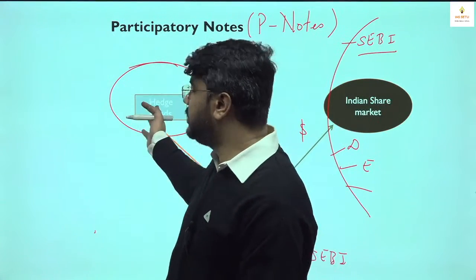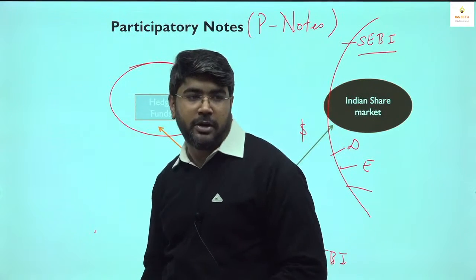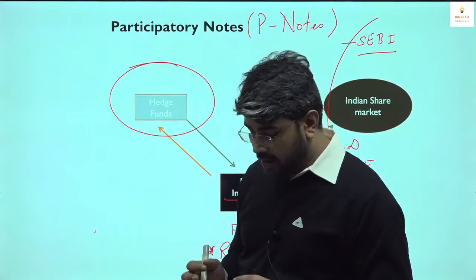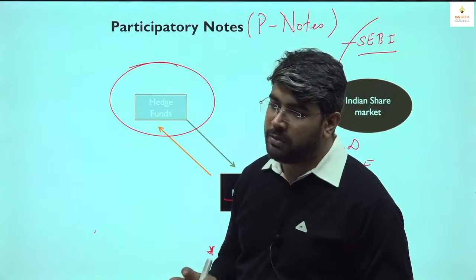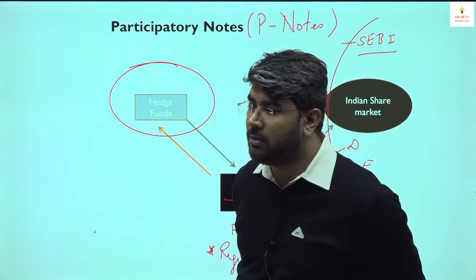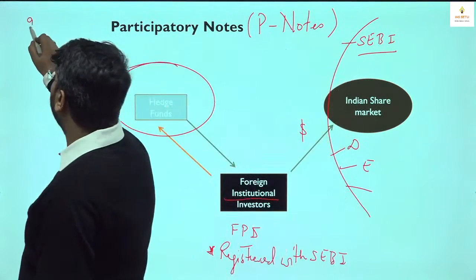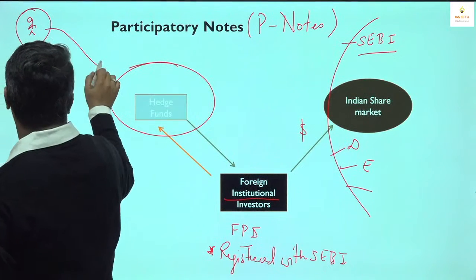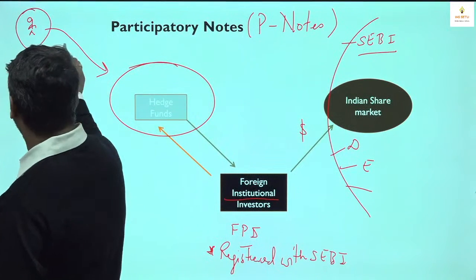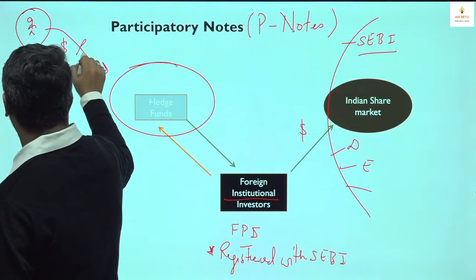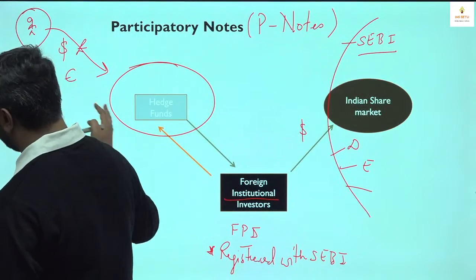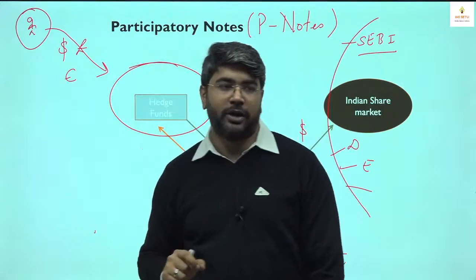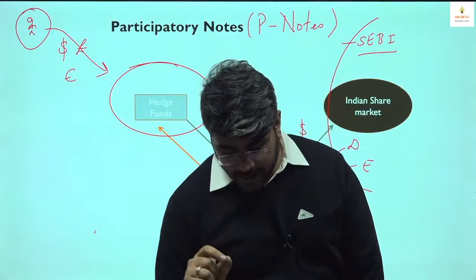So there are a lot of these hedge fund companies sitting in Europe, America, right? And if you are an investor, what you do is you simply give away your money to this hedge fund company. So you are here, right? You give away your money to this hedge fund company. You gave dollars, you gave pounds, you gave euros, right? And now this hedge fund company, this investor, this banker, right?